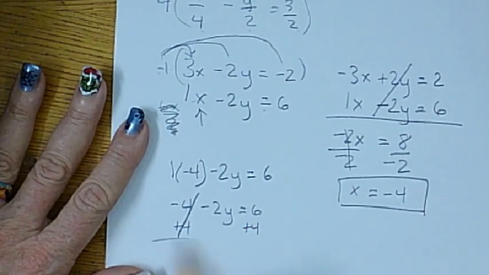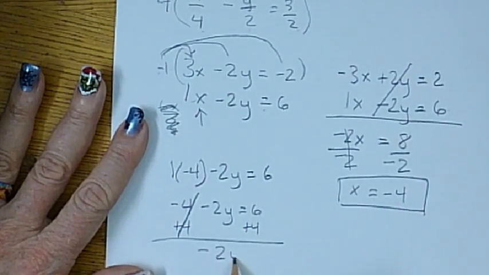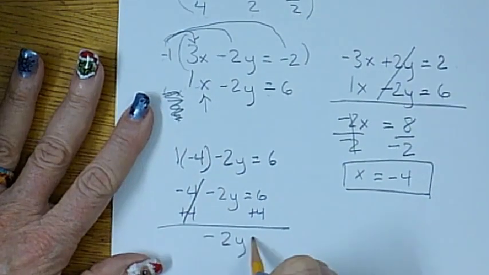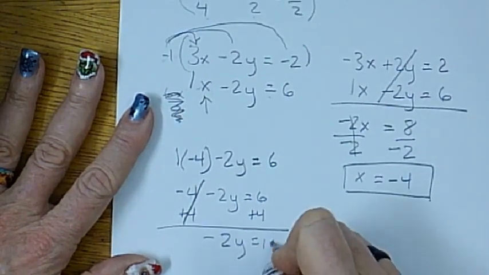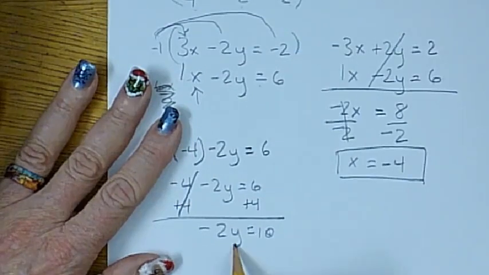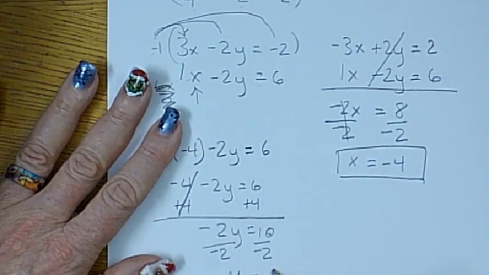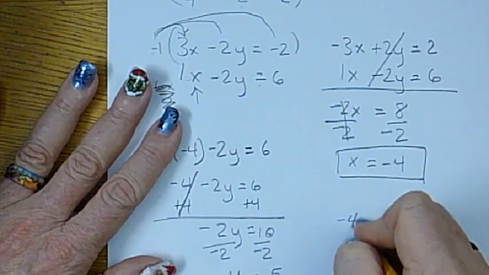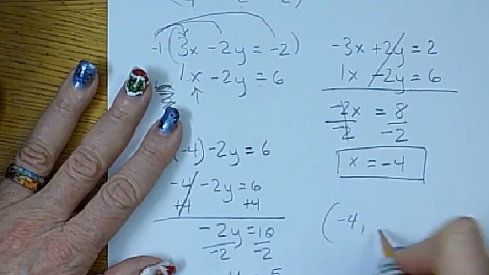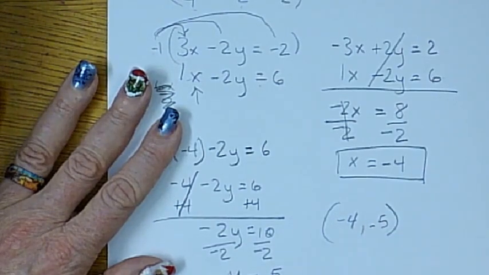Okay, so that goes away. So now I have a -2y equals 10. Okay, so to get the y by itself, I need to divide by a -2, divide by a -2, so y is equal to a -5. Okay, so my x is a -4, and my y is a -5.